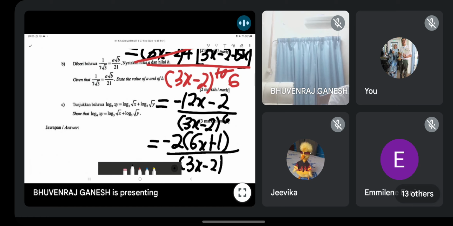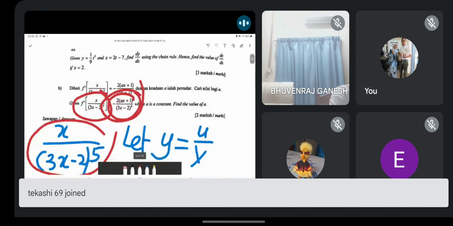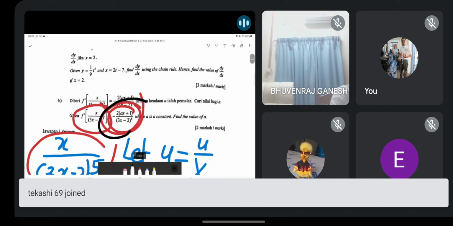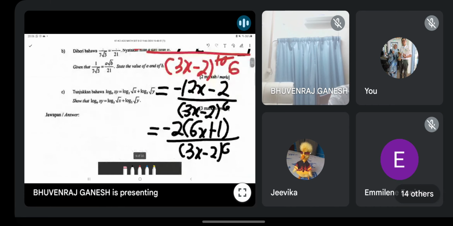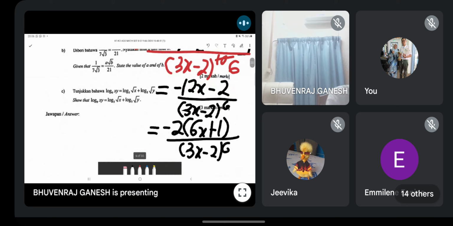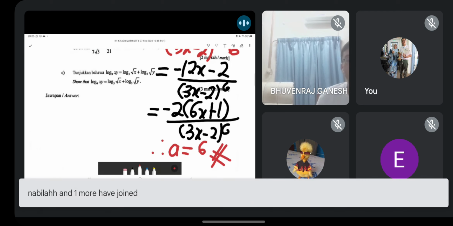Ini adalah format yang kamu kena bagi. Now, if you look back at the question, they ask you to find the value of a. Cari nilai a. Guys, can you all tell me what is the a value here, based on the answer I get? Yeah, 6. Therefore a equals 6. Settle. Okay guys, can you all understand?